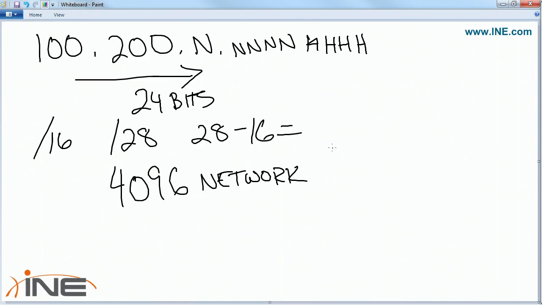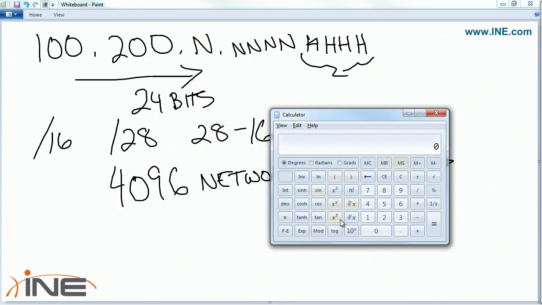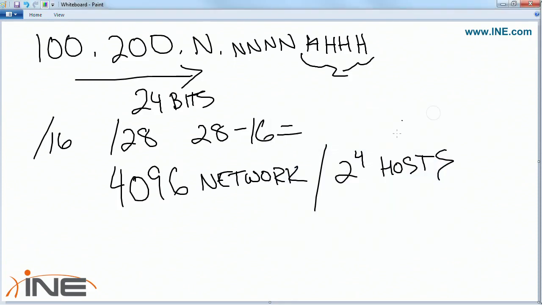On each of these networks, I have 4 bits that are left for the host addressing. So out of 4,096 networks, I have 2 to the 4th number of hosts, or 2 to the 4th is 16.